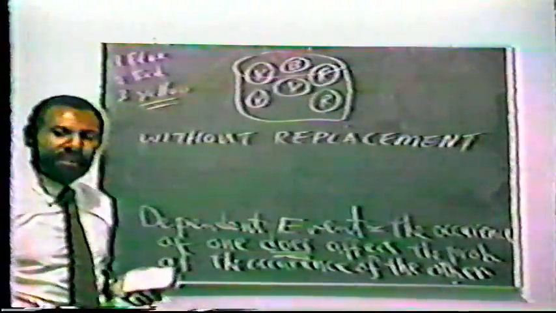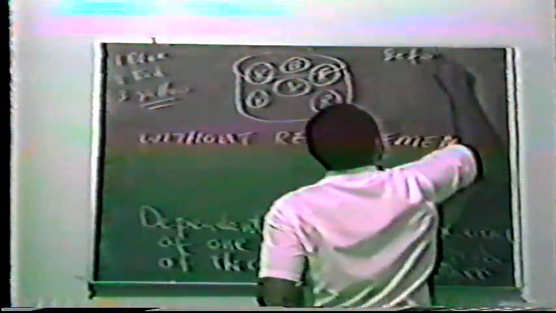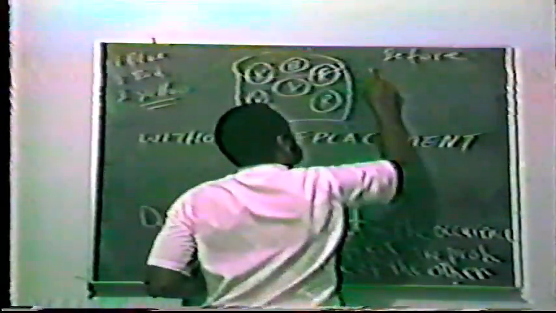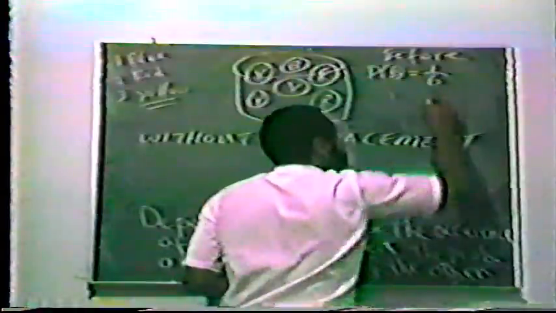Now, if we look at the probabilities before we take the blue ball out, the probability of getting a blue ball equals 1/6. There's one blue ball over the total, which is 6.